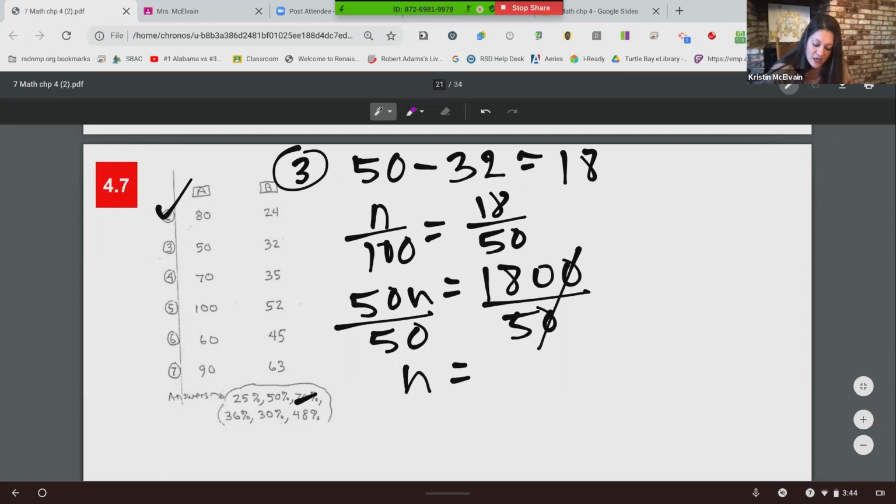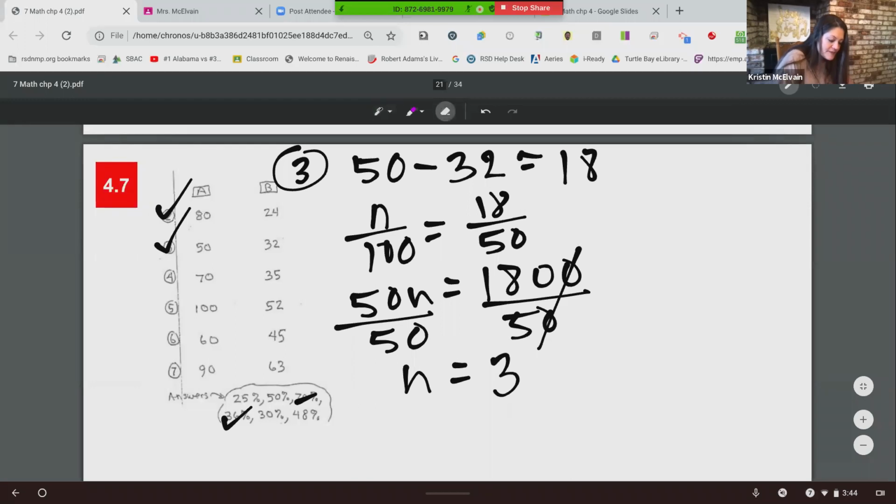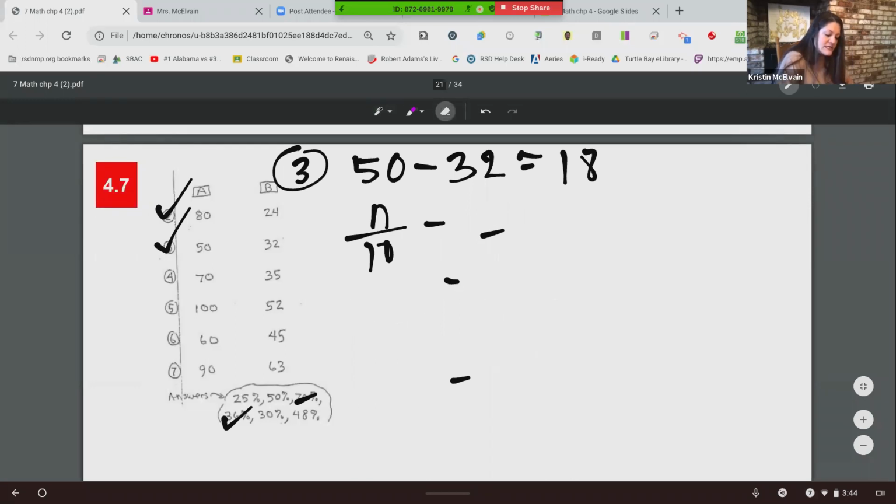Well, let's see. 180 divided by 5. Oh, 36. I was off. Good thing I have my handy calculator. All right, number 3, 36%. And there it is. Okay, moving on to number 4.